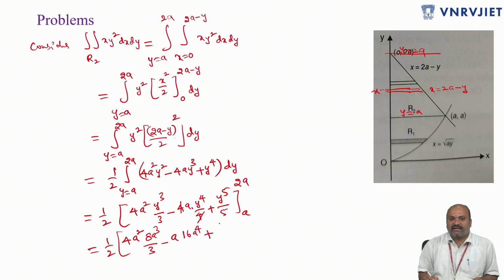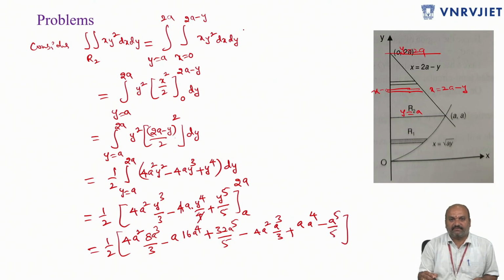Next plus, instead of y, 2a, it is 32a to the power of 5 divided by 5. Minus substitution of lower limit, it is 4a square into a cube divided by 3. Next, the substitution of lower limit, minus into this minus becomes plus, it is a into a power 4. Next, substitution of lower limit minus, it is a to the power of 5 by 5.